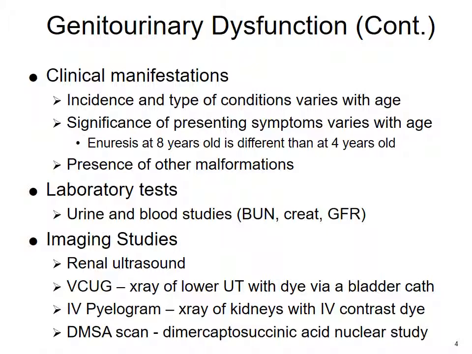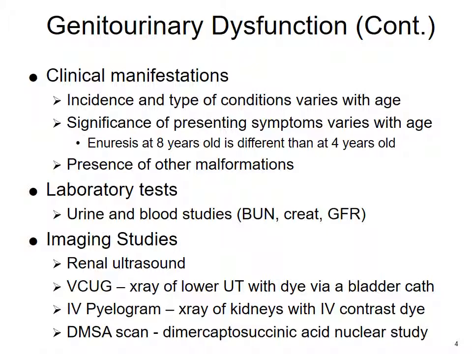So as far as our lab tests, our renal panel is going to be a BUN, creatinine, and glomerular filtration rate, and then urinalysis. Our typical imaging studies of the renal system could be a renal ultrasound. A voiding cystourethrogram is an x-ray of the lower urinary tract where dye is inserted into the lower urinary tract via a Foley catheter.